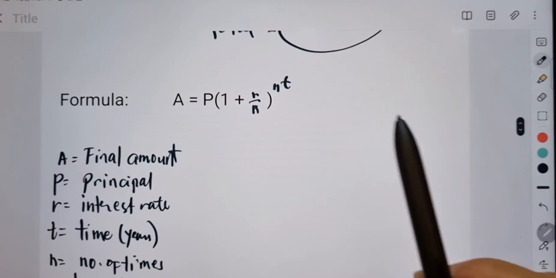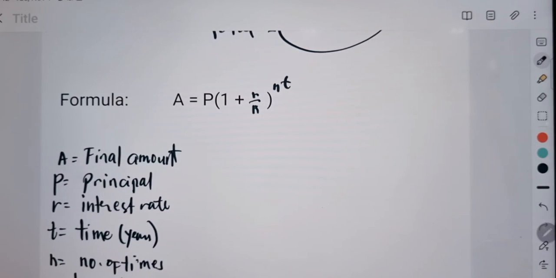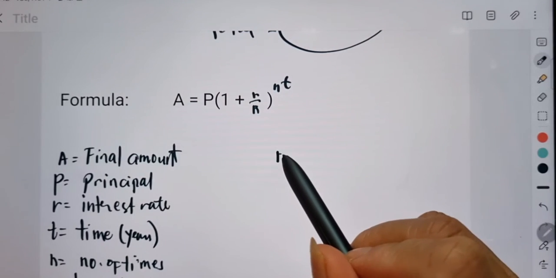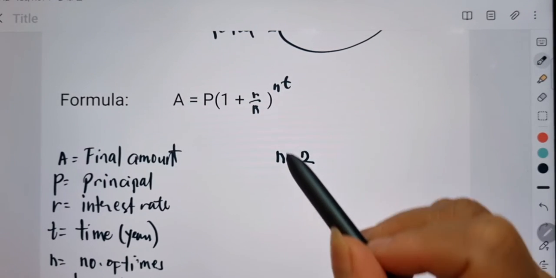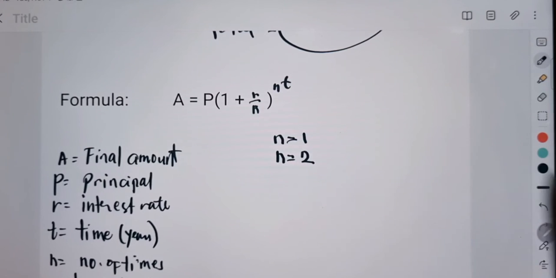And N, what is N here? N is the number of times the interest is credited in a year. Kasi minsan, sa first example natin annually. Pero yung iba minsan, nagko-compute sila compounded semi-annual. Pag sinabi nating semi-annual, ang N natin doon ay 2. Pag annually, ang N natin is 1. Once a year lang.